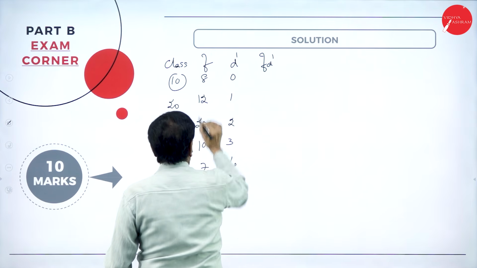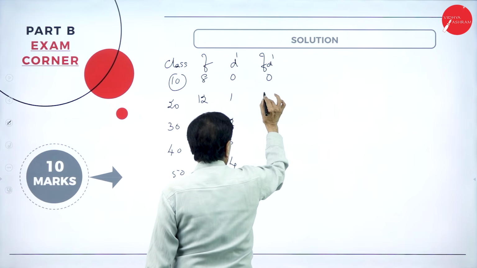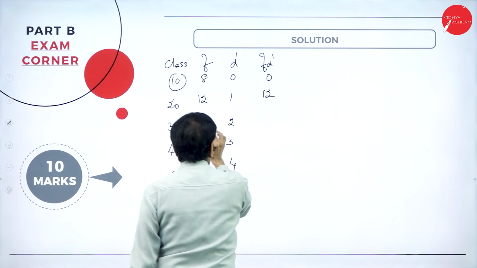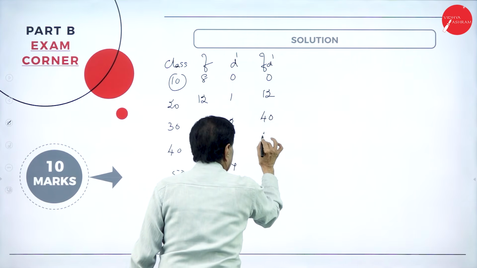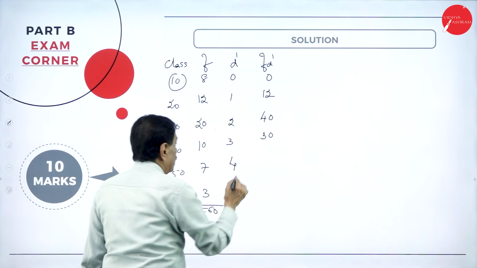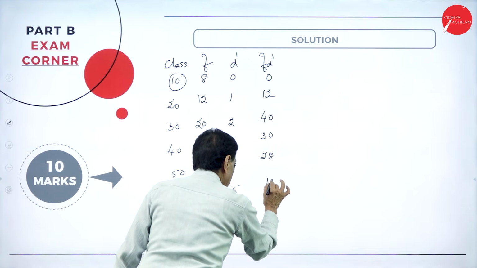Frequency into d dash. 8 into 0, 0. 12 ones are 12. 20 twos are 40. 10 threes are 30. 7 fours are 28. 3 fives are 15.